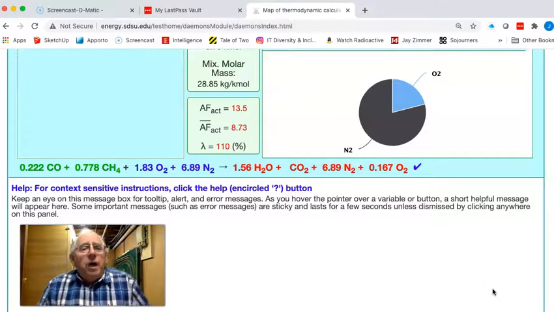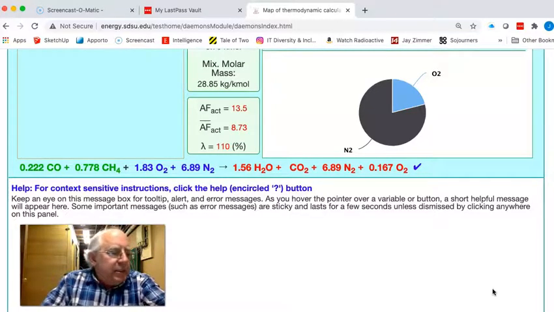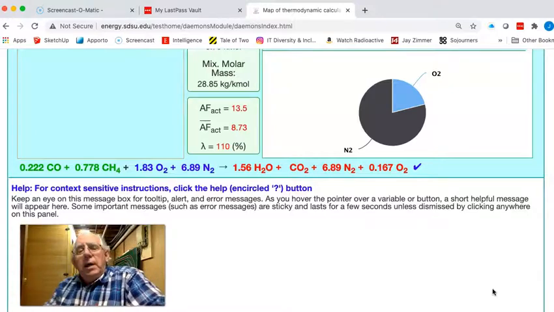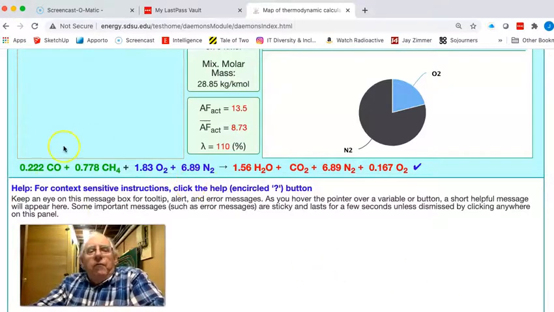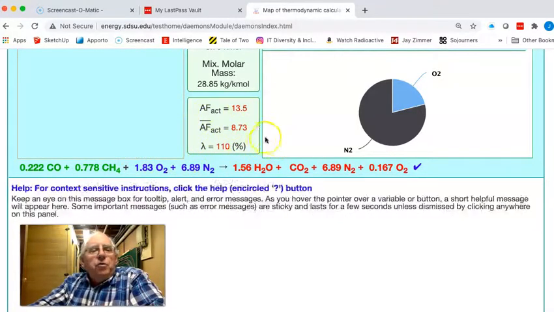And so the question that is posed in this problem is, if the molar flow rate of the fuel is 0.2 kilomoles per hour, what is the molar flow rate of air in kilomoles per hour? And so what it has done is it has calculated the moles associated with the fuel here and the moles associated with the air, and it's already calculated that air to fuel ratio.